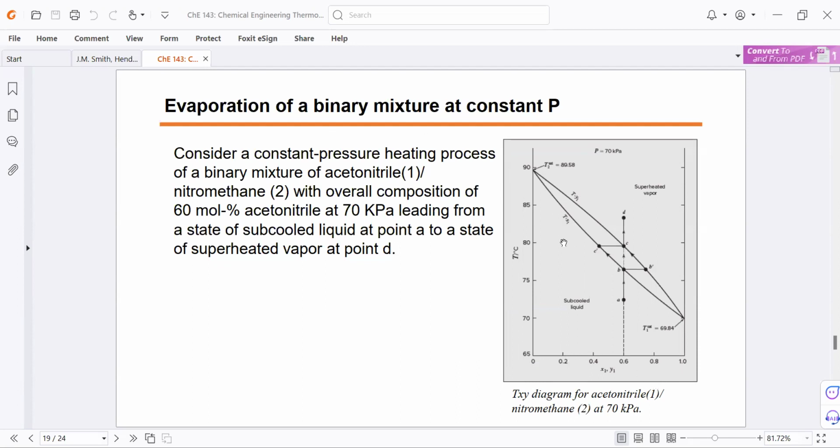Okay, so we have the same system, binary mixture of acetonitrile and nitromethane, with composition 0.6 acetonitrile. But this time we'll use the TXY, temperature XY diagram.